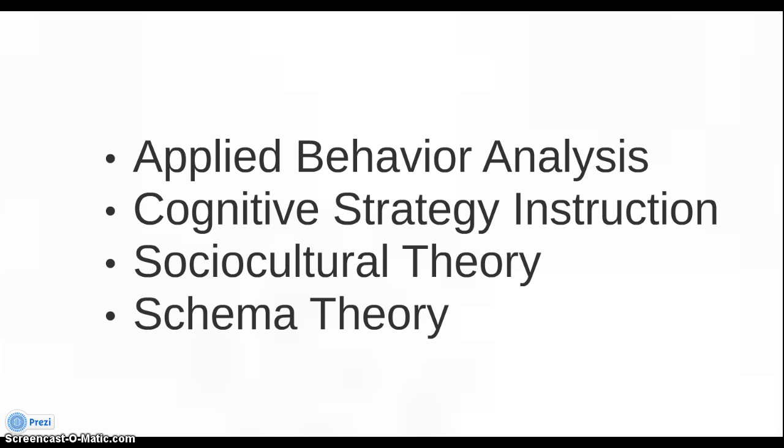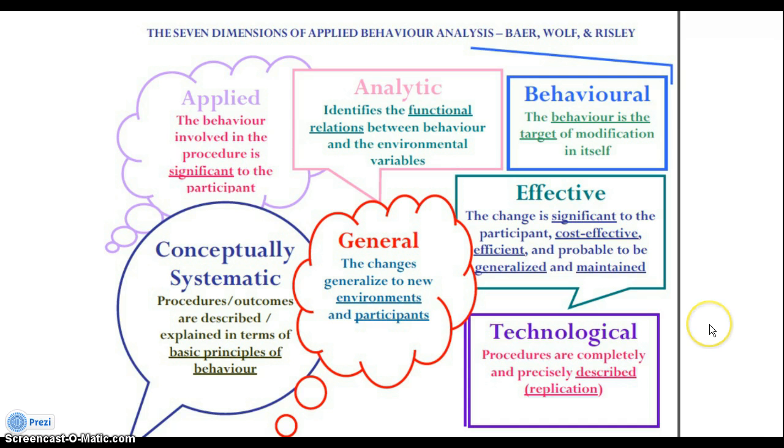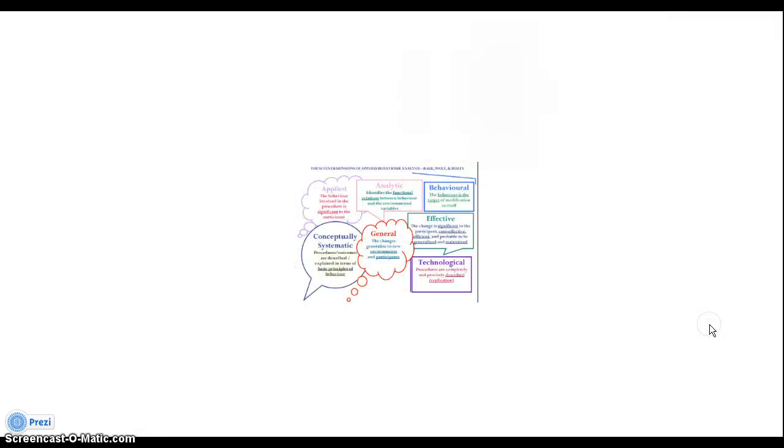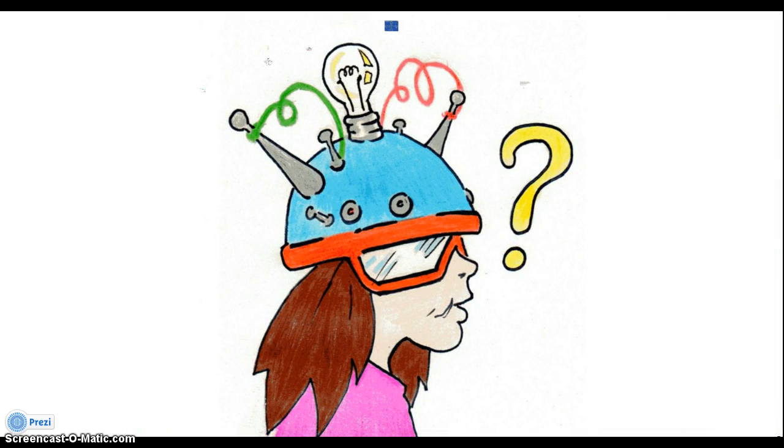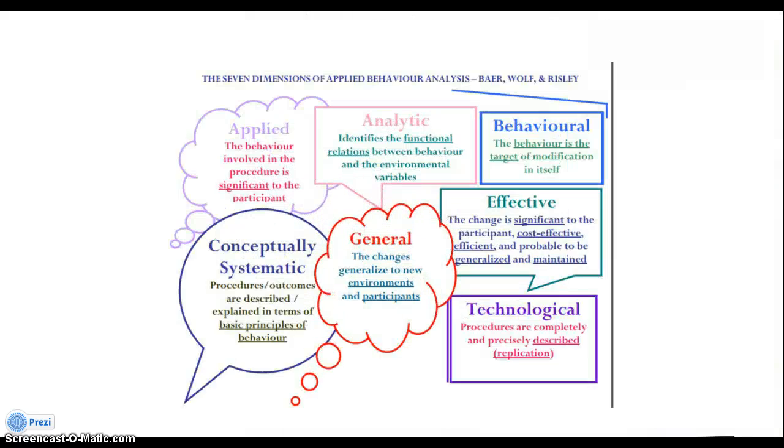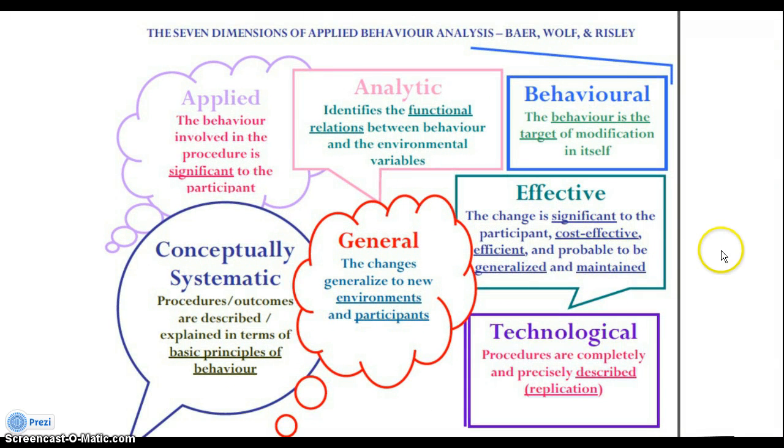So first we're going to look at applied behavioral analysis. When we look at applied behavior analysis, what we look at is 7 dimensions that are indicative that we're using behavioral analysis or behaviorism. In general, we want to help people to generalize to new environments and new participants.